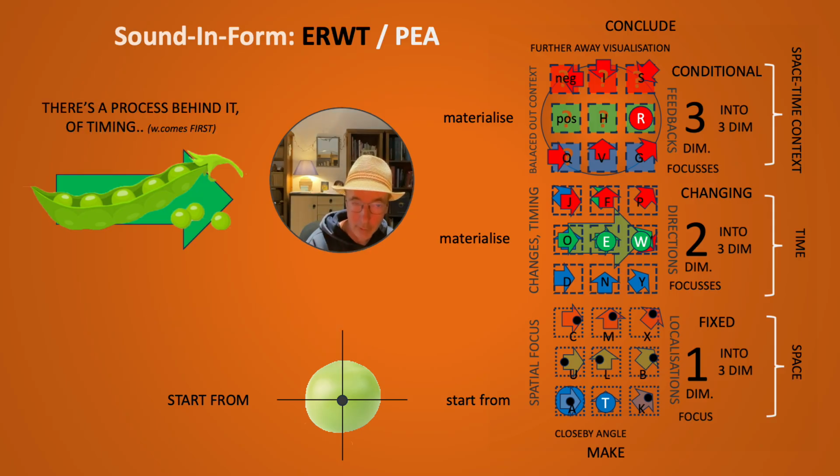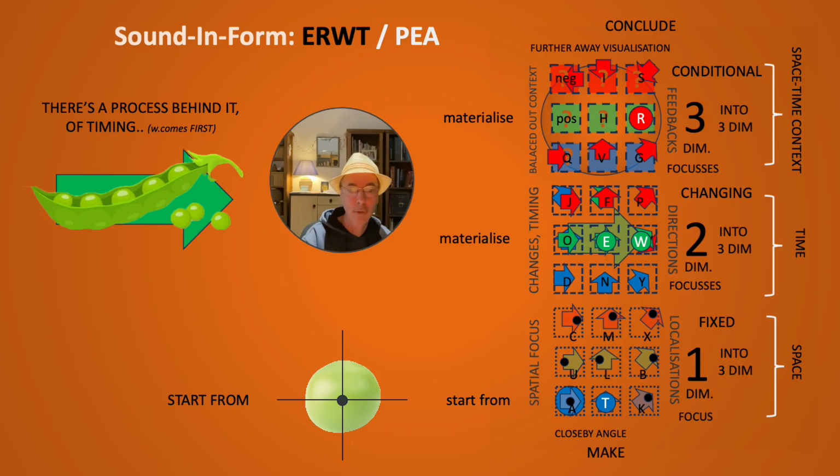So I already told you there's a process behind it, a timed process. Timed process is from the second category. As you can see here, all things that are changing and so on are in that second category. The middle one, which is about changes, is the letter E. So we already have it as a starting point.